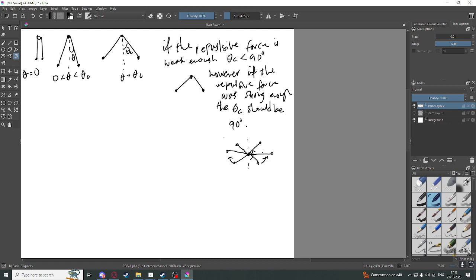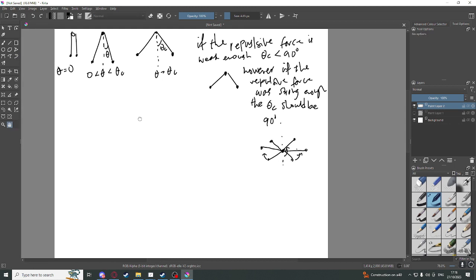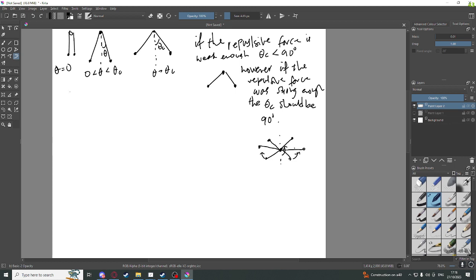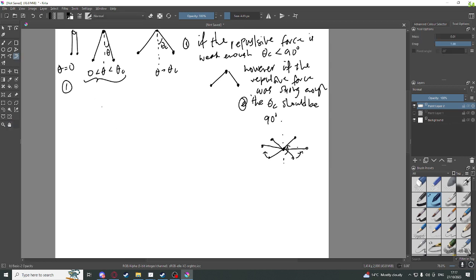So that's kind of my thought of how the system is going to evolve over time, depending on the repulsive force. Okay, so this would be outcome 1, and this would be outcome 2. So we'll work on outcome 1 for now, and we'll focus on this here, and hopefully we'll get a differential equation that we could solve numerically within an interval of time.